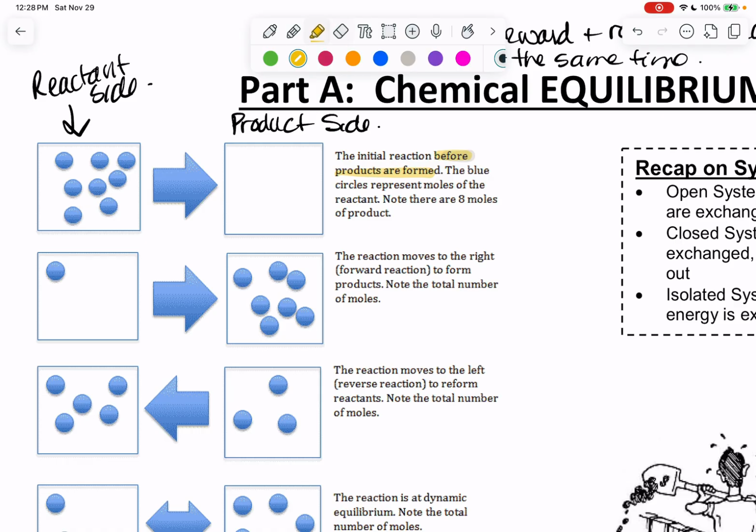Here we have the reaction moving to the right, and so we call this the forward reaction. As it moves from reactant to product, it's the forward reaction. So it moves towards the products.